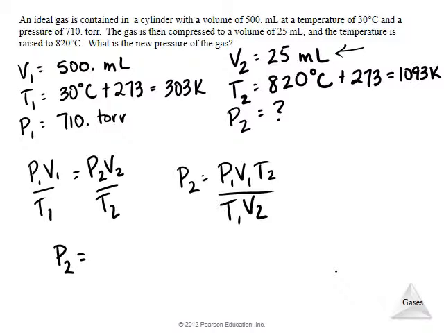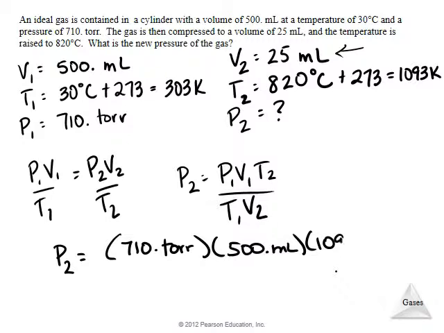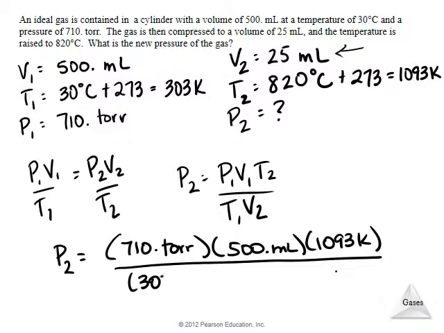So I'm going to put in 710 torr times 500 milliliters times our T2, which is 1093 K. And we're going to divide that by our original temperature, which is 303 Kelvin, and divide by our volume 2, which is 25 milliliters.